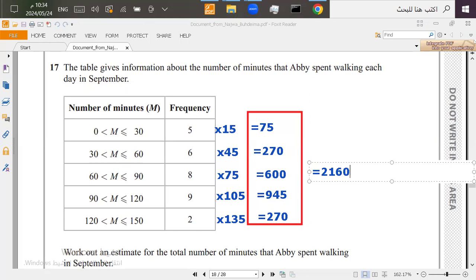So 2,160 minutes of walking. And this is how you answer a question like this. They didn't ask us for the mean, so we can't finish the rest of the idea. We only found the total number of minutes that Abby spent walking in September. Thank you very much for watching. See you next time.